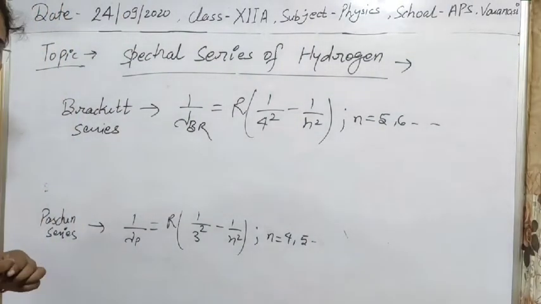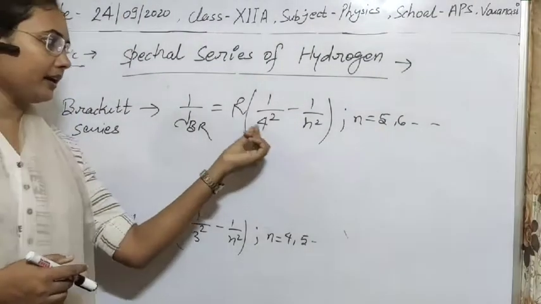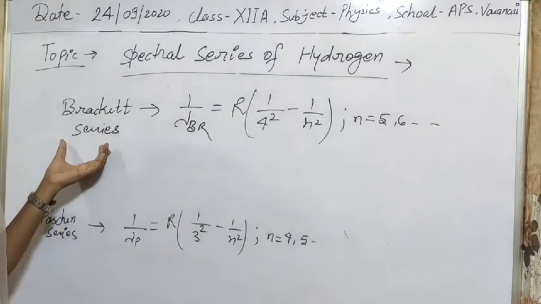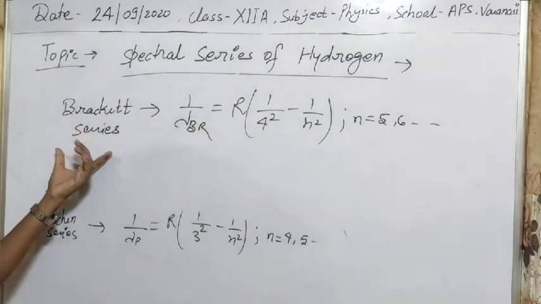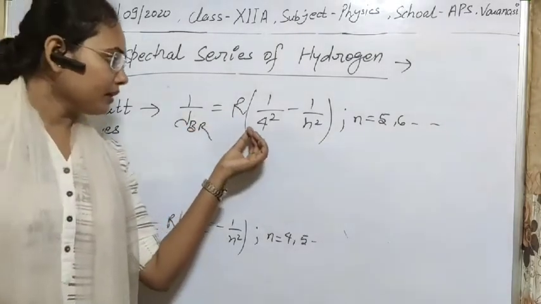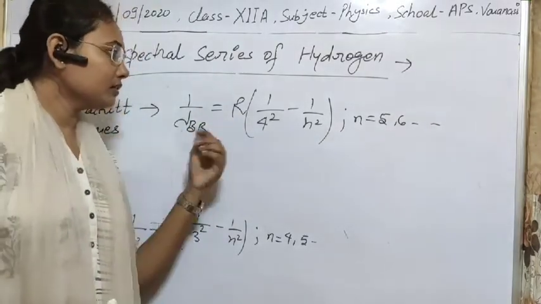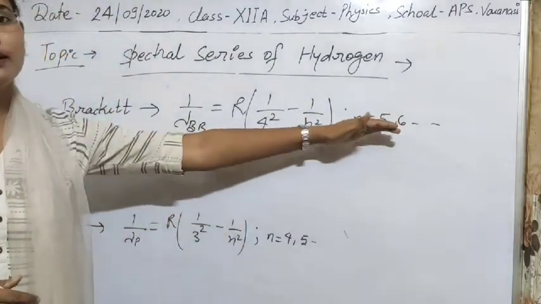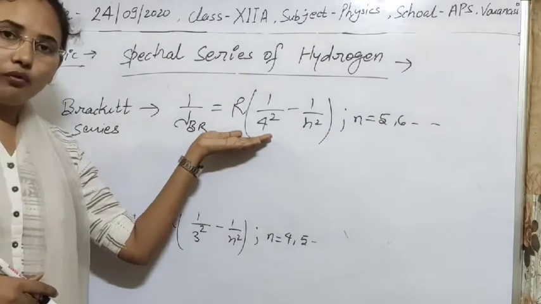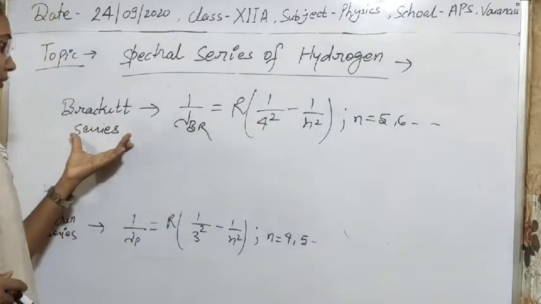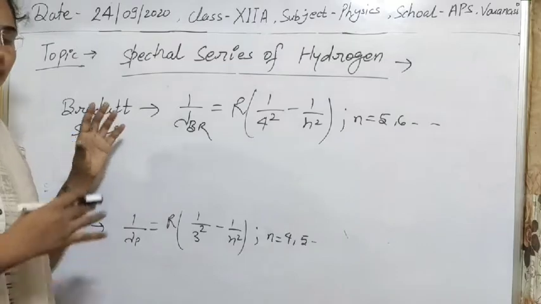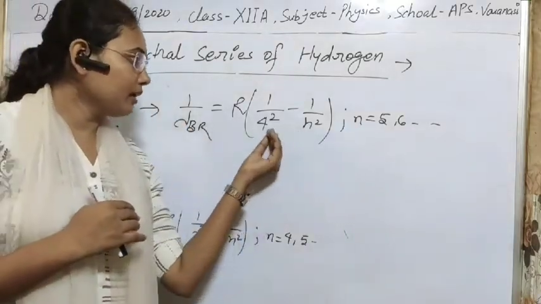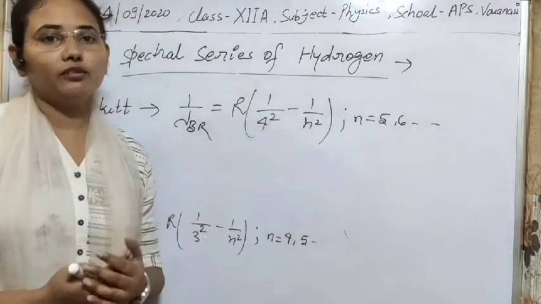If the destination of the electron, start or end, is n equal to 4, then in this case we will get the Brackett series. This is also the name of a scientist. Simply, if the electron goes to a higher orbit, like n equal to 5, n equal to 6, from n equal to 4, then we will get the Brackett series wavelength, or it will come to n equal to 4 from n equal to 5 or n equal to 6.